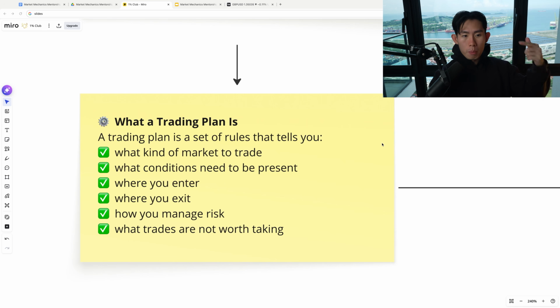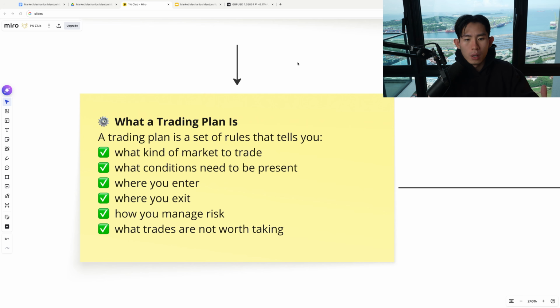In fact, the more complicated it is, the harder it is to follow it under pressure. Just think about it. When you're emotional and you go to your trading plan, you realize that there's like 10 pages filled with a lot of jargon and fluff. Now, you won't even feel like going through that trading plan anymore, right? You've just set yourself up for failure when you make it too complicated.